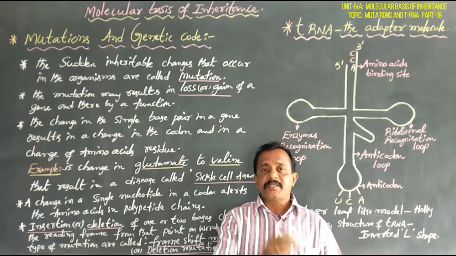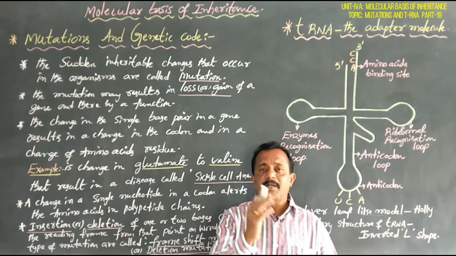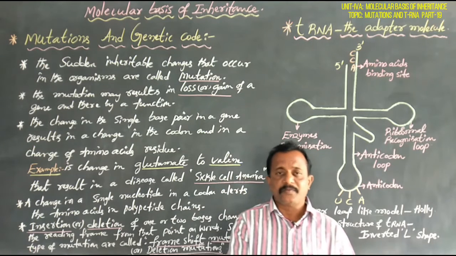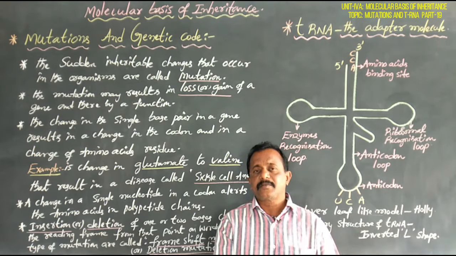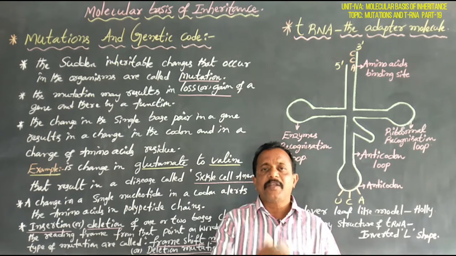Already in this genetics chapter, the mutations and their types were described in detail. Mutation was first observed by Hugo de Vries in Oenothera lamarckiana, the evening primrose.